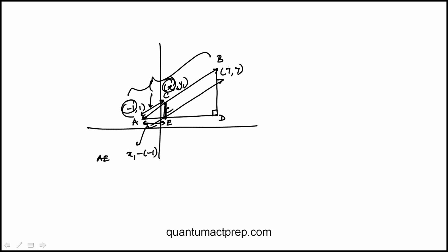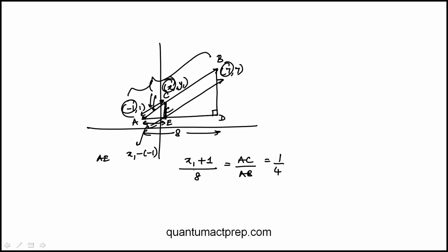And then AD is the difference in the x coordinates between 7 and minus 1, so that's 8. So this ratio, x1 plus 1 over 8, would be the ratio of the hypotenuse, AC, to AB, which is the condition given to us as 1/4.